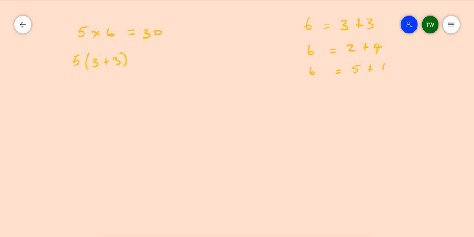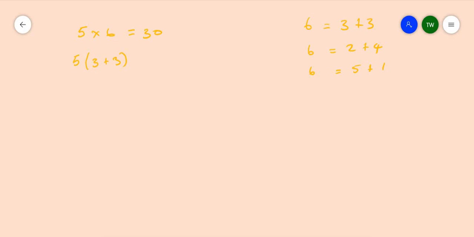Now the challenge is that we want to show that this will give us the same answer as 5 times 6, which is 30. But we must ensure that we do not combine numbers inside of the bracket, so we can't add 3 plus 3 to give us back 6. How else could we do that?